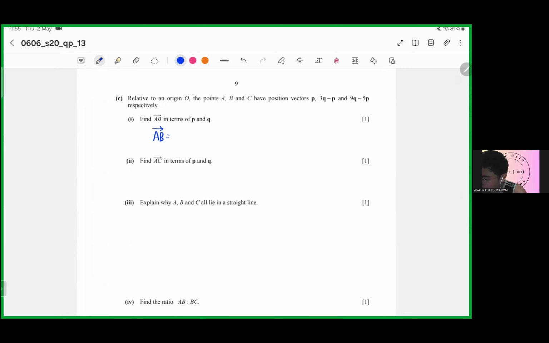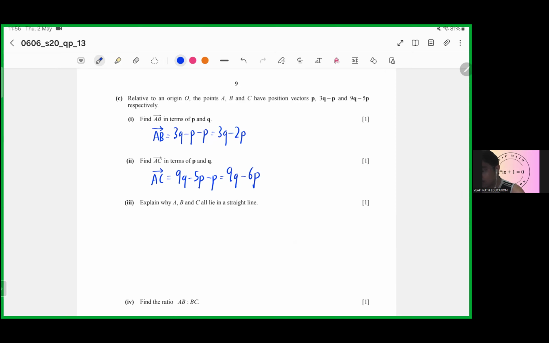As we know, we just take 3q minus p and then minus p. After that we look at AC: 9q minus 5p and then minus p equals 9q minus 6p.